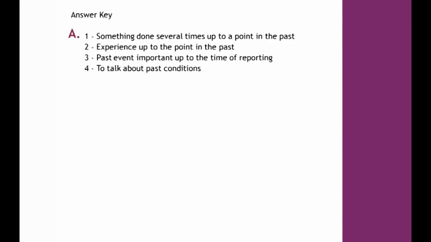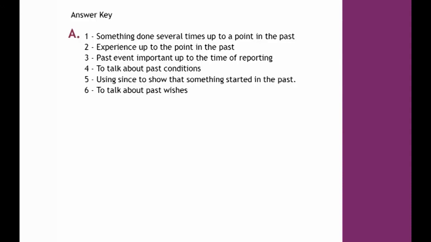The 4th sentence has talked about past conditions. Number 5 sentence, using since to show that something started in the past. In the 5th sentence, it has the word since. And then the 6th sentence, the reason is to talk about past wishes.